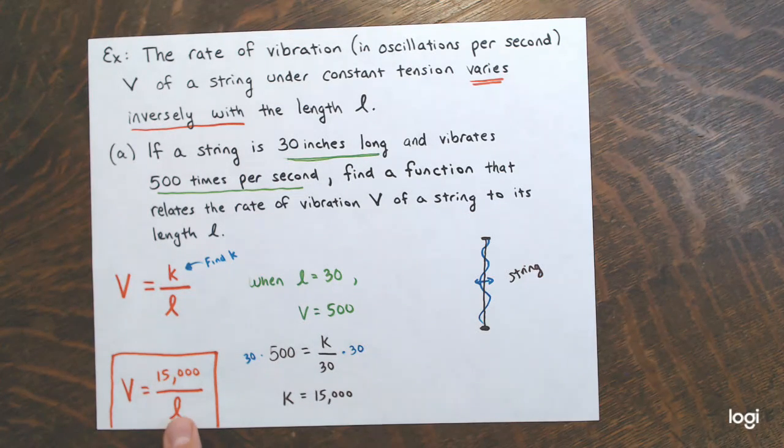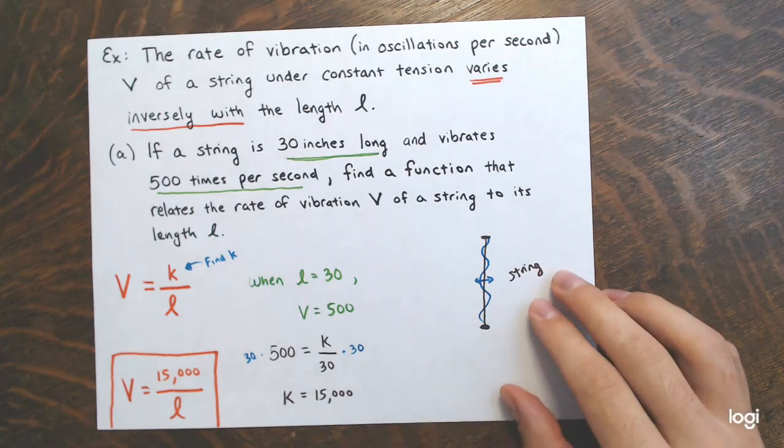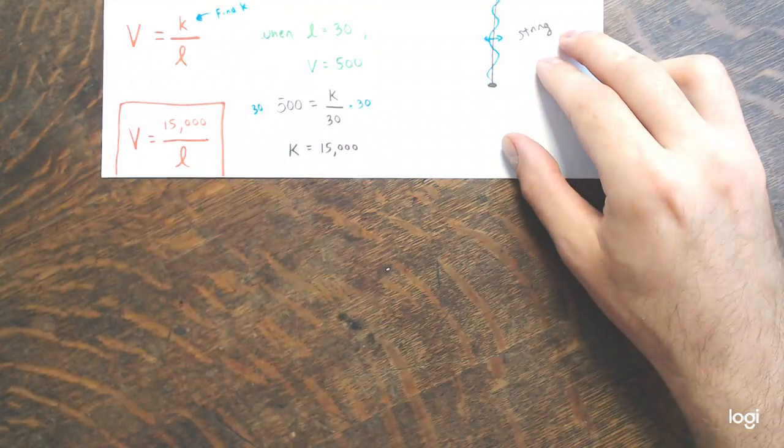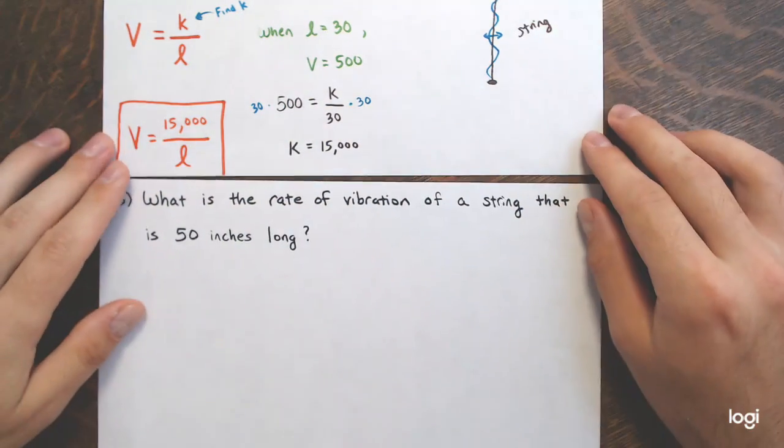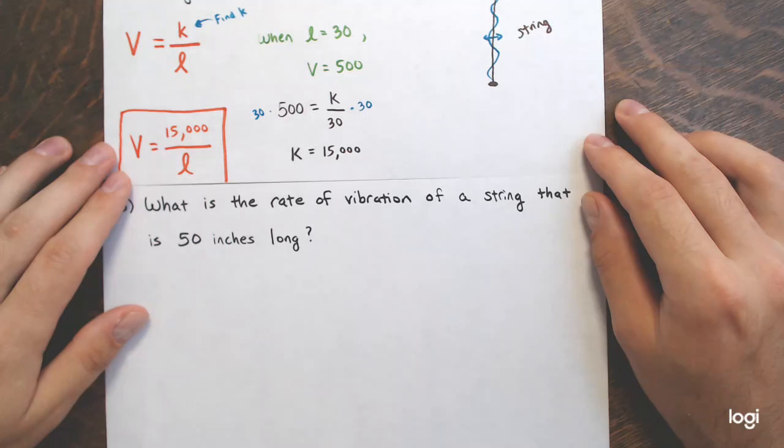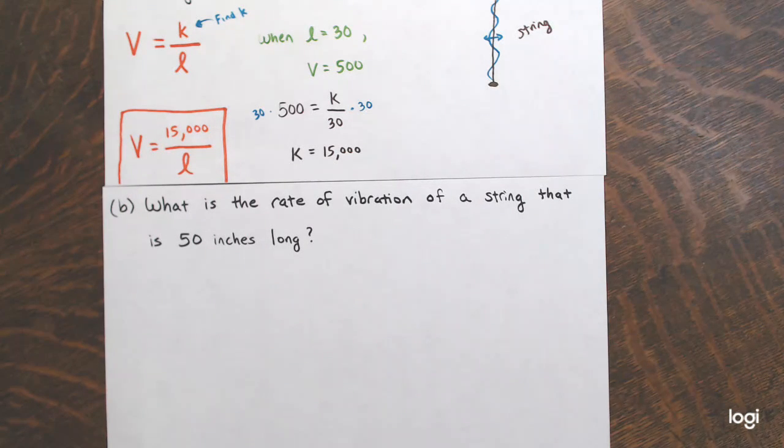Wonderful. And just like the first example I did, now that I have this equation relating V and L, I can answer some questions. I've only got one more here. What is the rate of vibration of a string that is 50 inches long?